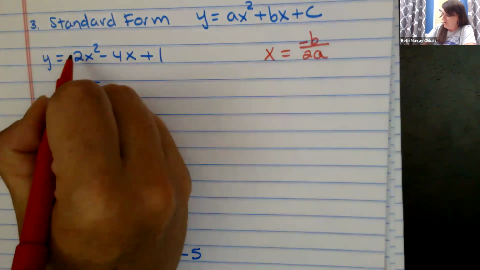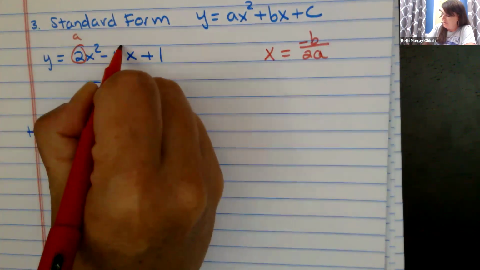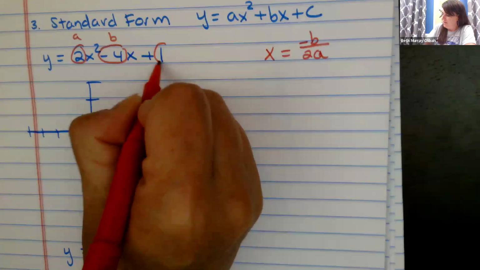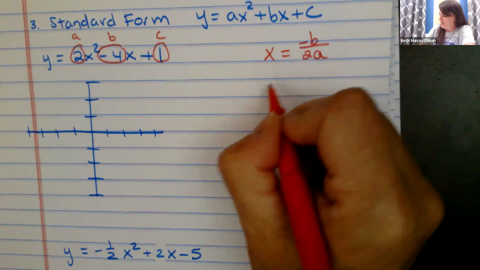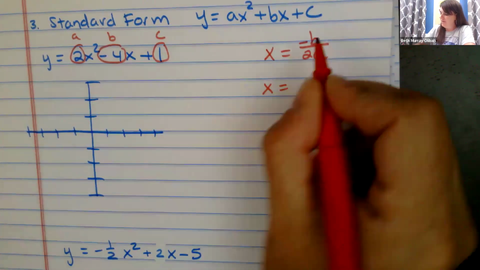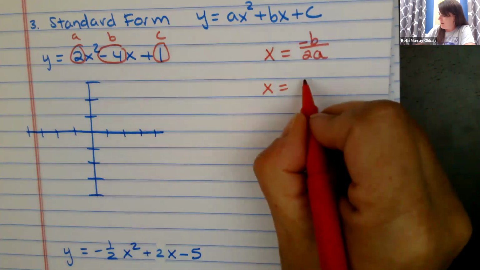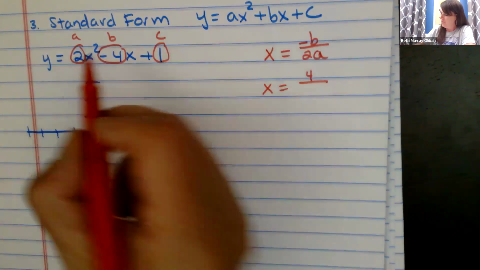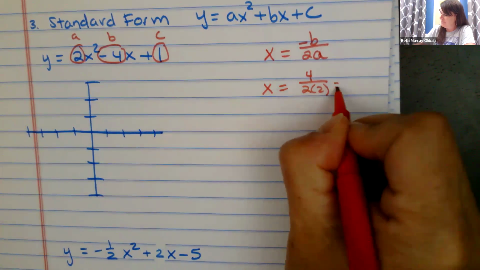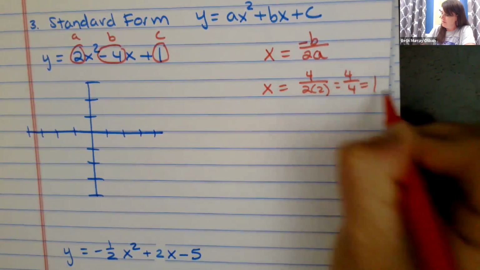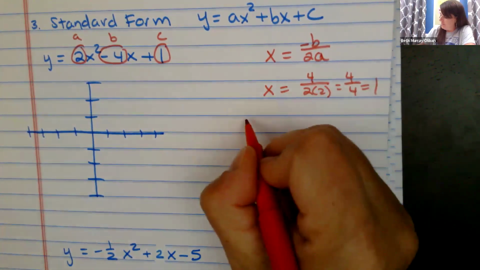So remember, this is your a, this is your b, this is your c. So supposedly, if I do the opposite of b, in this case that would give me +4 over 2 times a. That is the x value of my vertex.